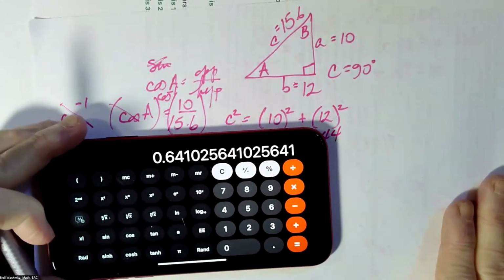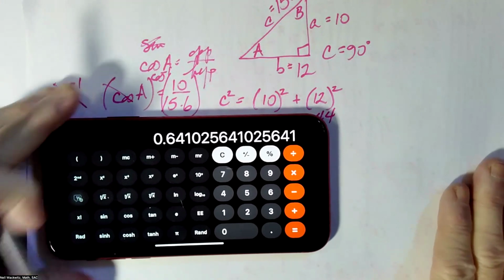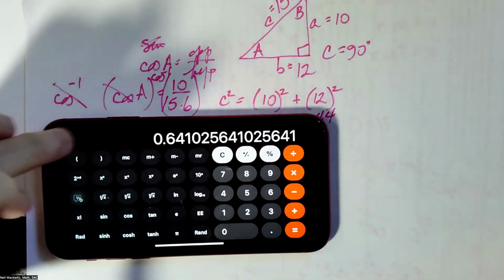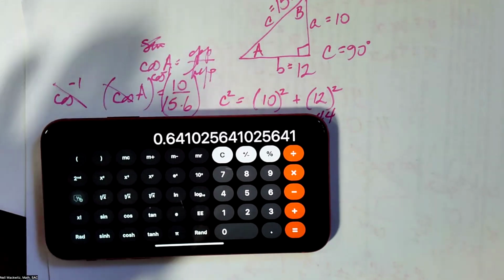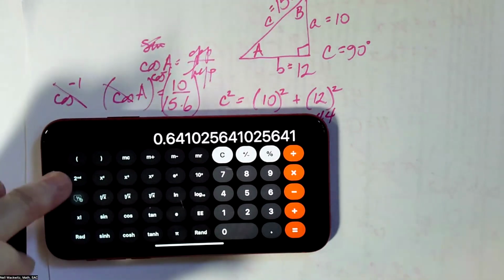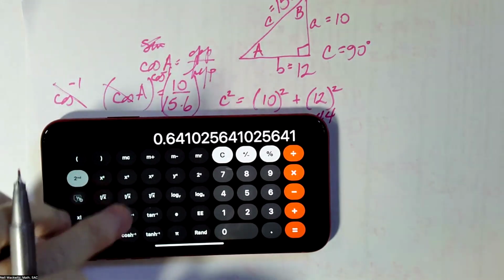And we want to take the inverse cosine of that. I don't have a radian thing. If I press radian, I see a radian thing. So I want to take that away. And I want to press second inverse cosine.